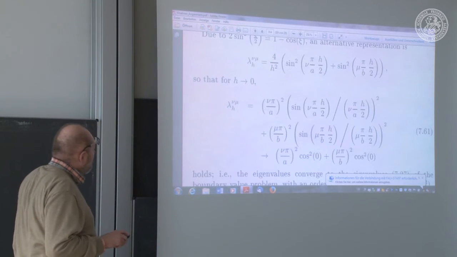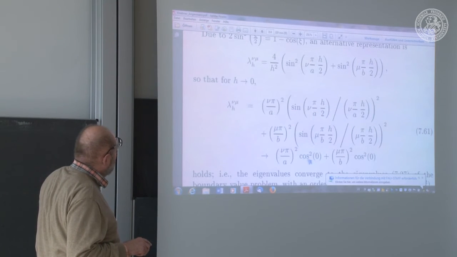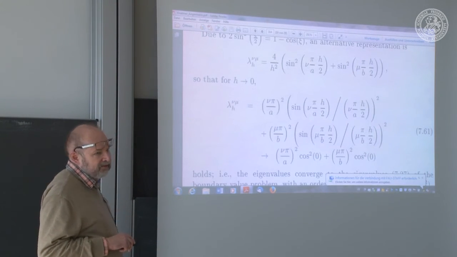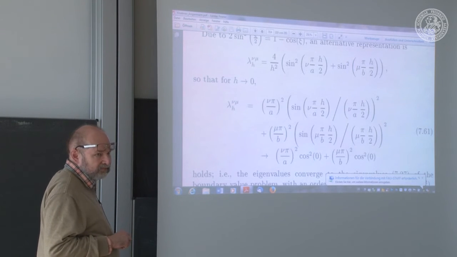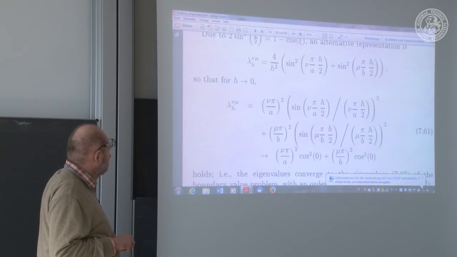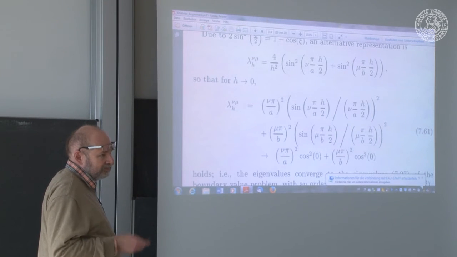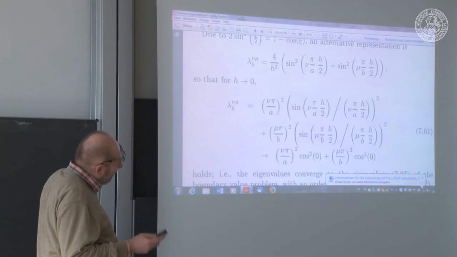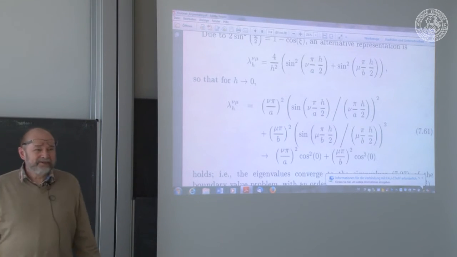So my claim is that this first term here in the square converges to cosine of 0. Why is this? It's just a difference quotient.